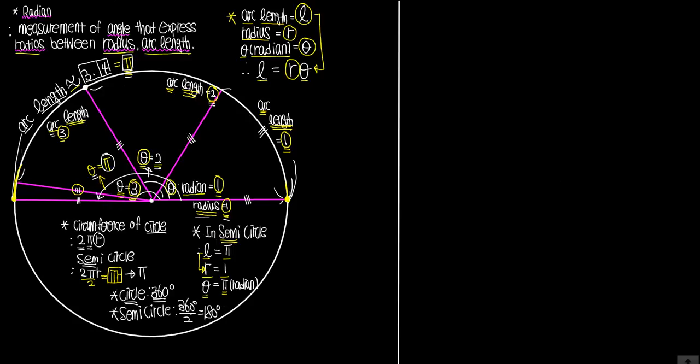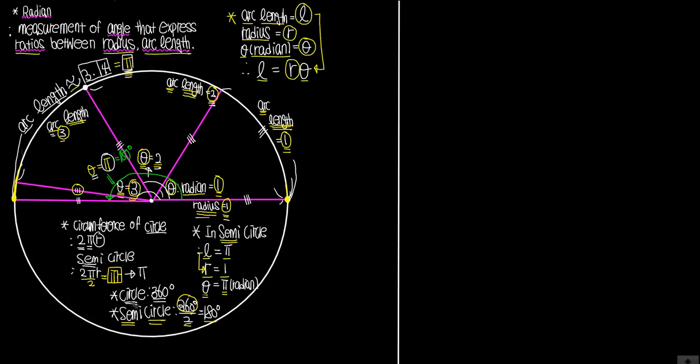So if it is 180 degrees, that means the semicircle's central angle is 360 degrees, the central angle of our circle, divided by 2, where we got 180 degrees. That means the total angle rotation for our semicircle, which I will notate in green, if you rotate all the way to 180 degrees, which we notate as pi radians, is the same thing as 180 degrees.